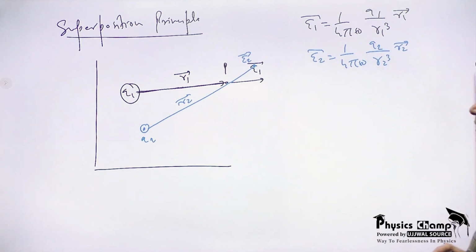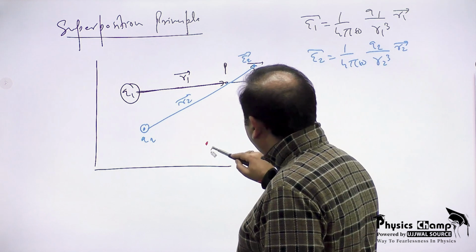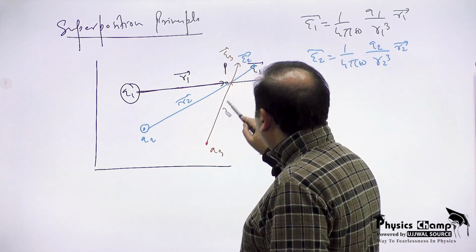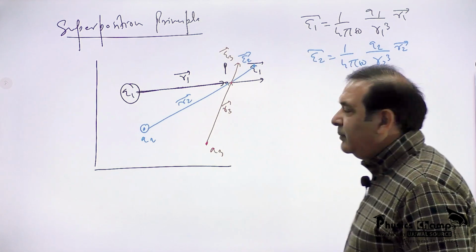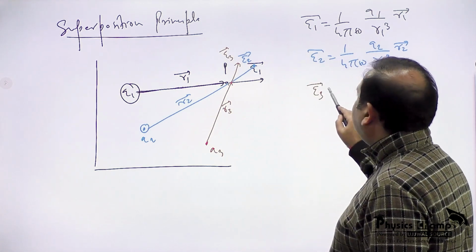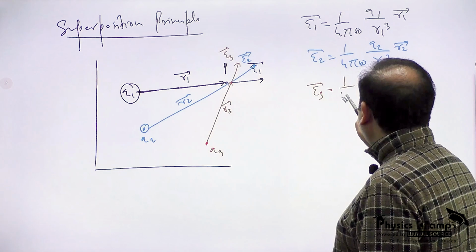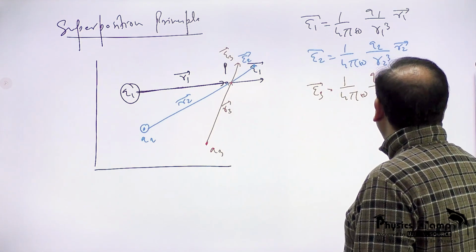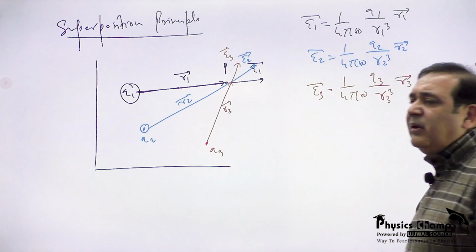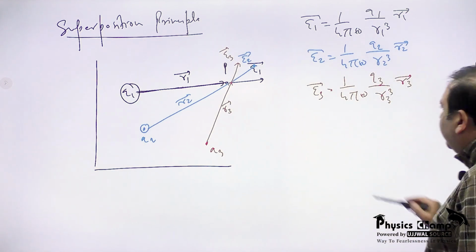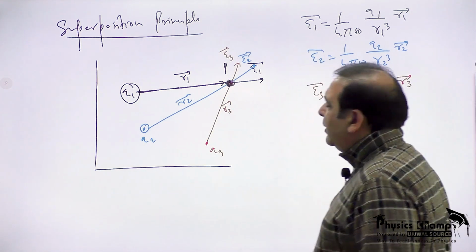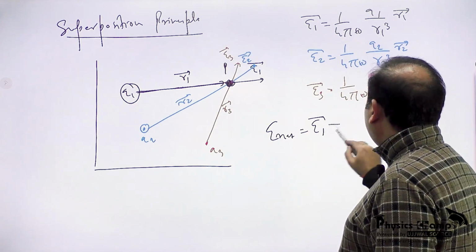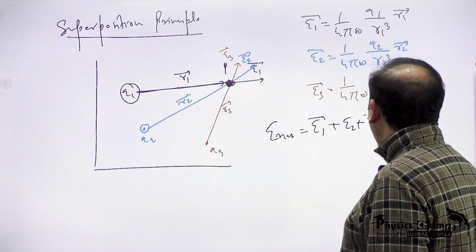I can take another charge, say q3, which has its own electric field E3, and this vector is r3. So another electric field at point P is 1 by 4 pi epsilon naught q3 by r3 cube into r3 vector. Like that, so many electric fields act at point P. What will be the net electric field at point P? It will be the vector sum of all the electric fields acting there.